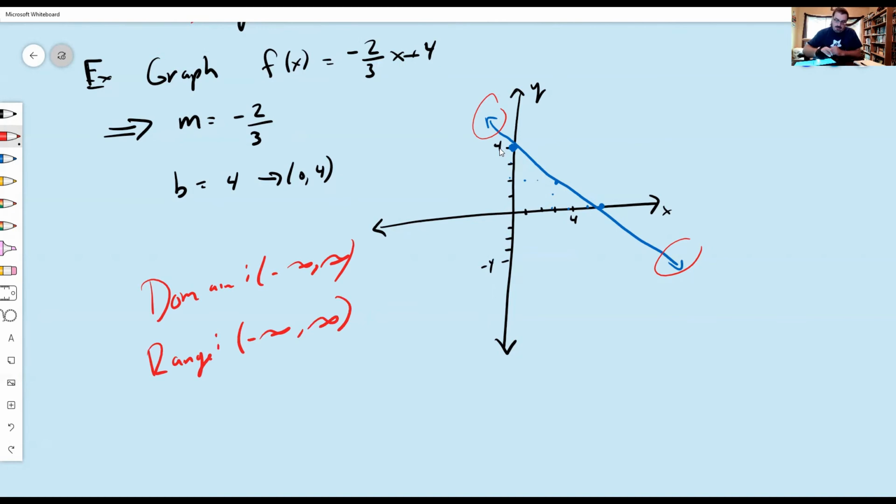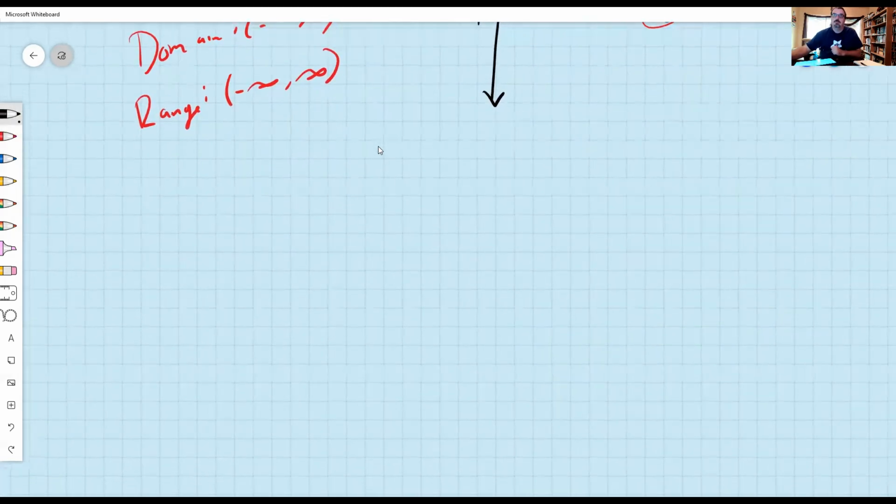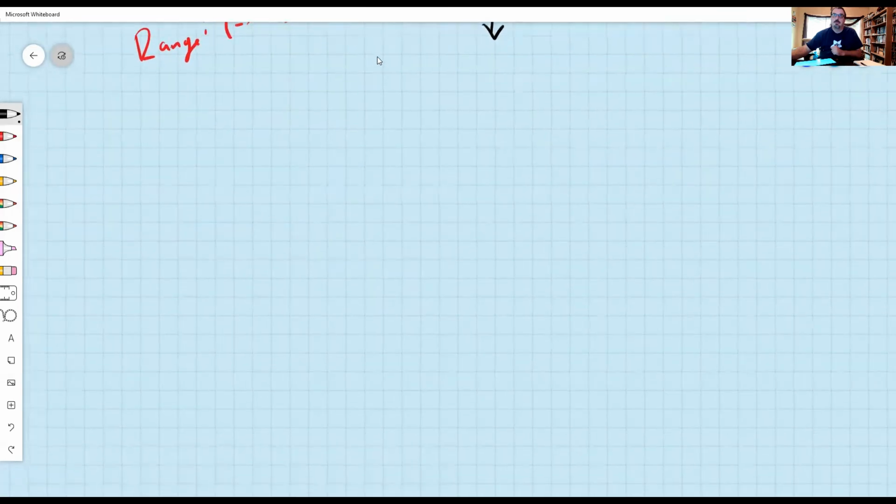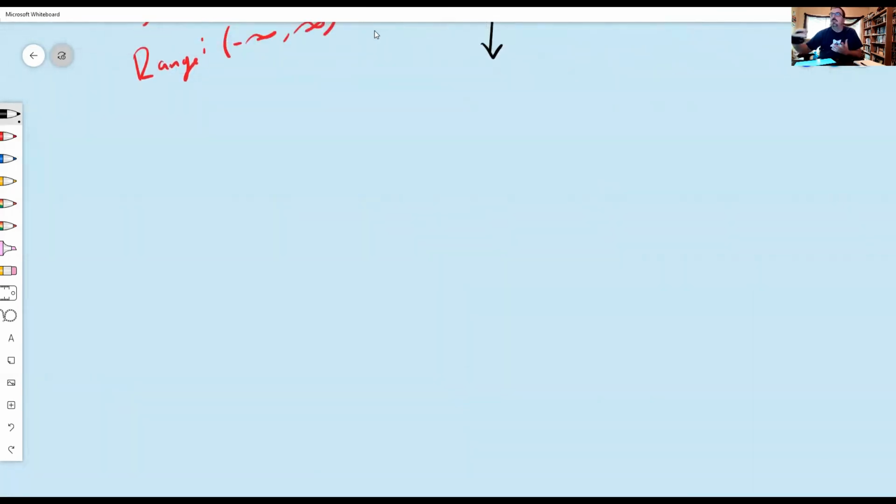All right, let's look at one more graph. Again, you can always feel free to stop and take a look at things if I'm moving too fast. Let's graph g of x equals 3.